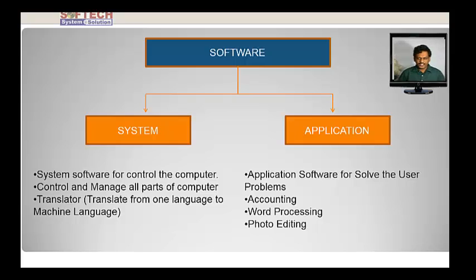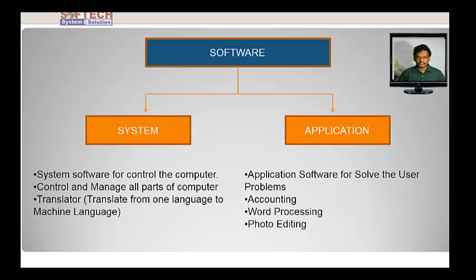So if we want to find whether a software is system software or application software: if the software helps the computer, it is system software. If a software helps the user, it is application software.